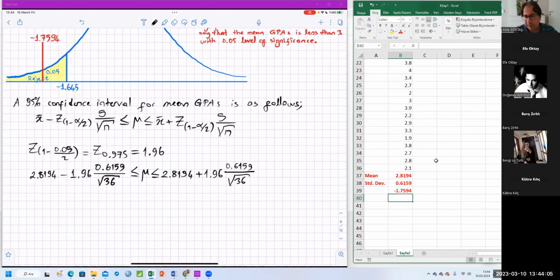Okay, I'll use a scientific calculator to get the results. For the lower bound, 2.8194 minus 1.96 times 4.6159 divided by the square root of 36.